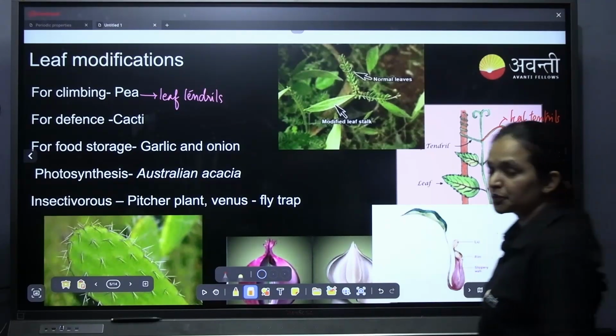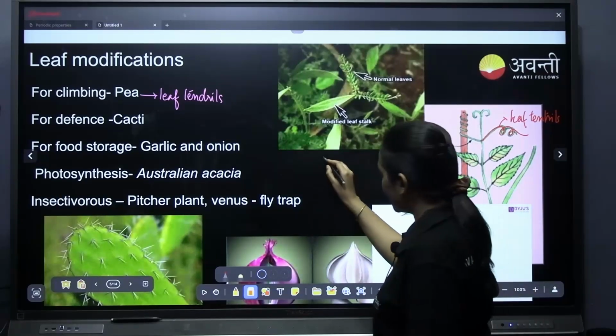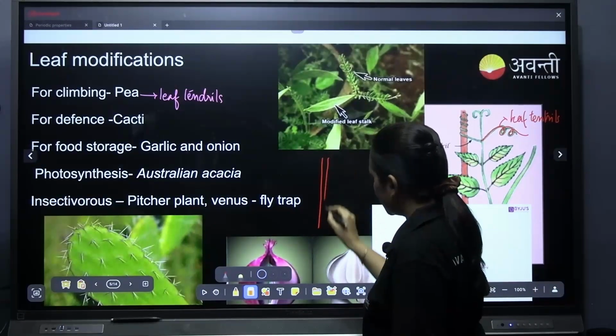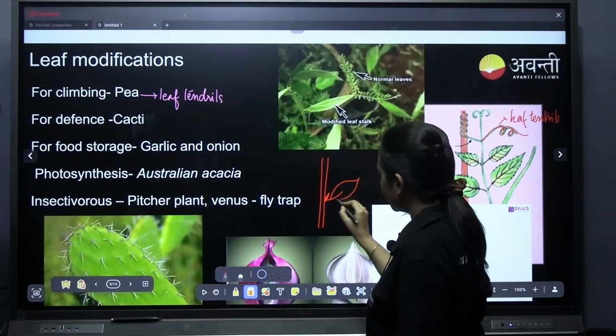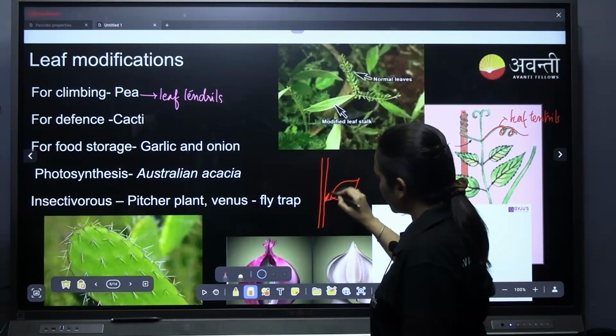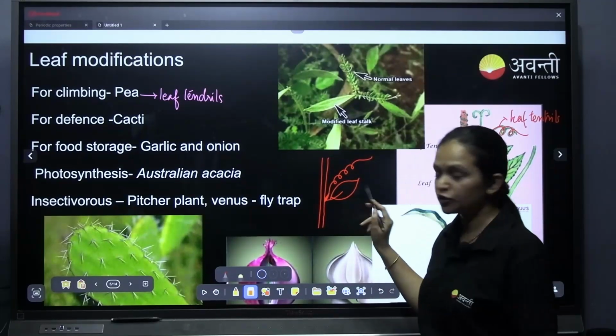Please know the difference between stem tendril and leaf tendril. The stem tendril is, I will draw the stem tendril here. If this is the stem, if this is the bud here, axillary bud, and if this is the leaf, this will be modified into tendril like this. Okay, leaf is there, leaf is not modified.